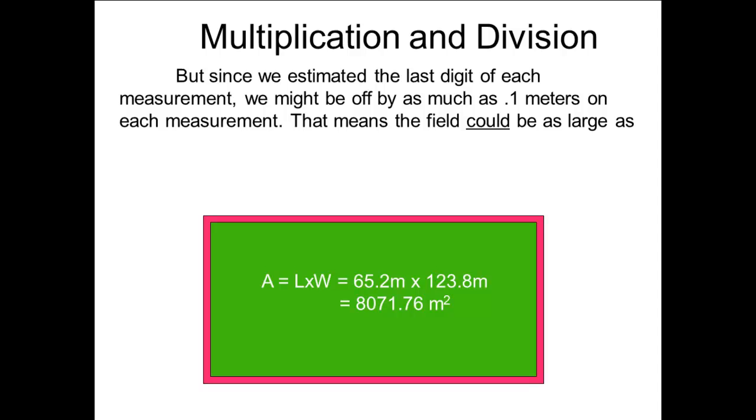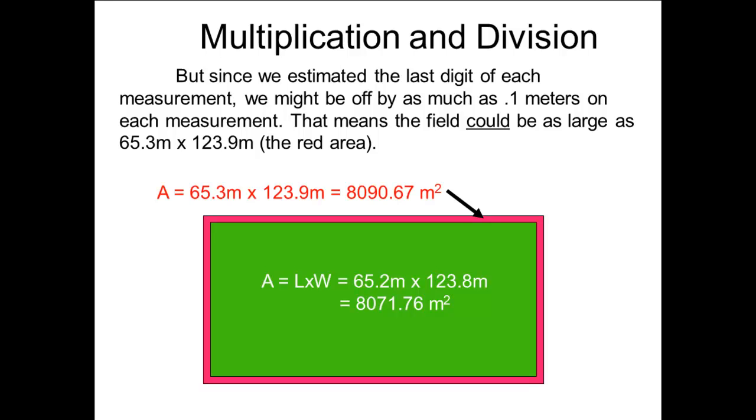But since we estimated the last digit of each measurement, we might be off by as much as 0.1 meters on each measurement. That means the field could be as large as 65.3 meters by 123.9 meters, the red area. This gives us an area of 8,090.67 square meters.